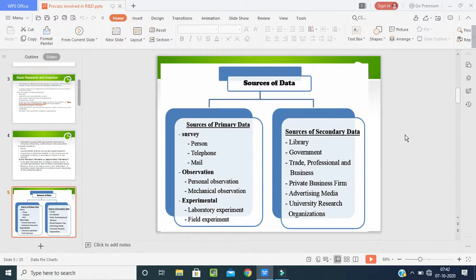Trade, professional and business, private business firms, advertising, media, university, research organization, all these things are nothing but sources of secondary data. Just have a look once again, this is very important for you. These are the examples of the sources in our primary data and secondary data.